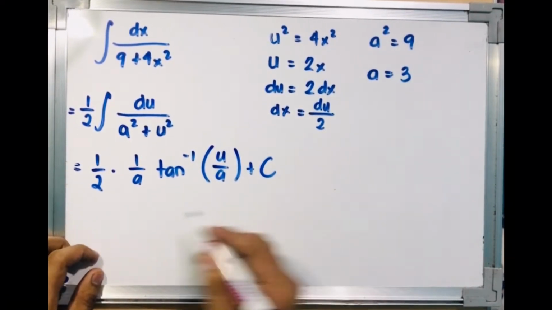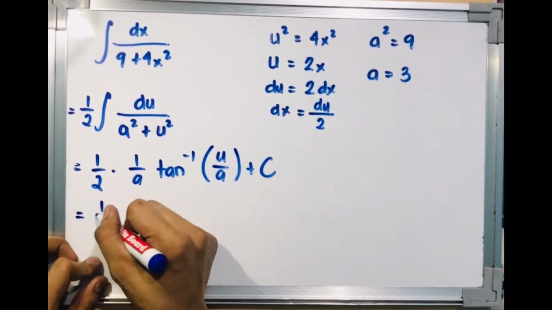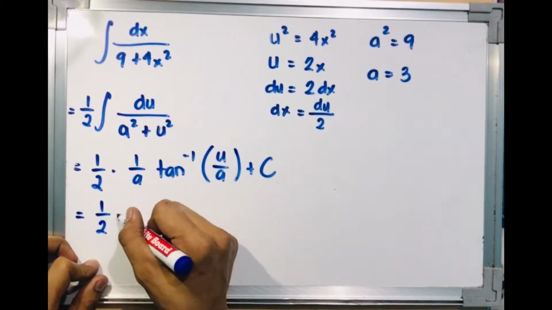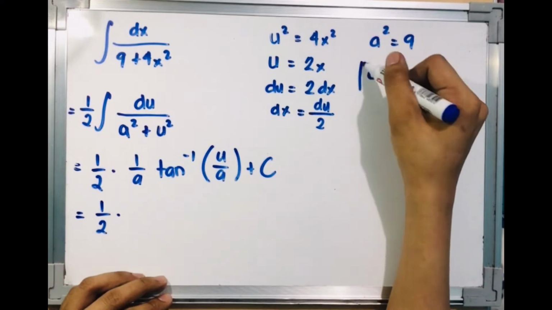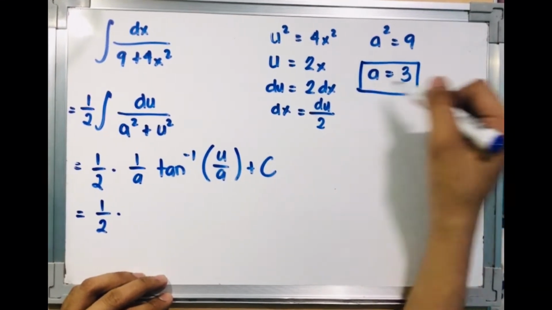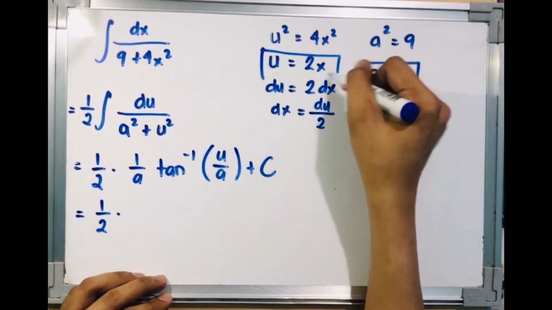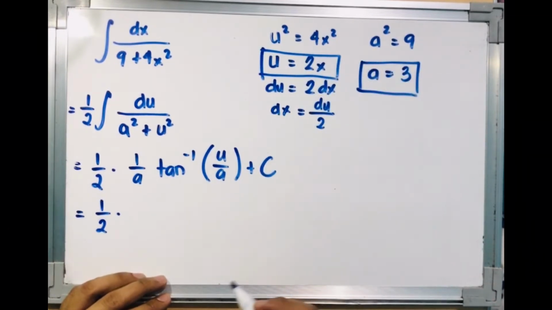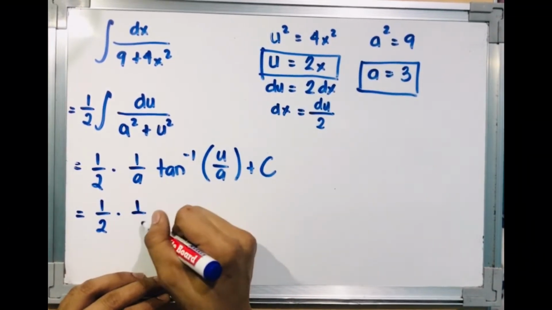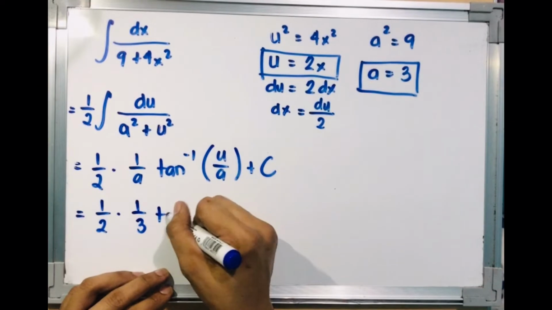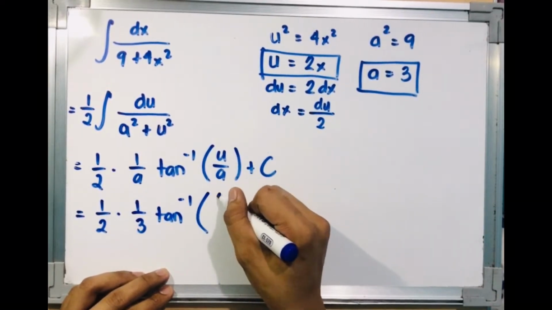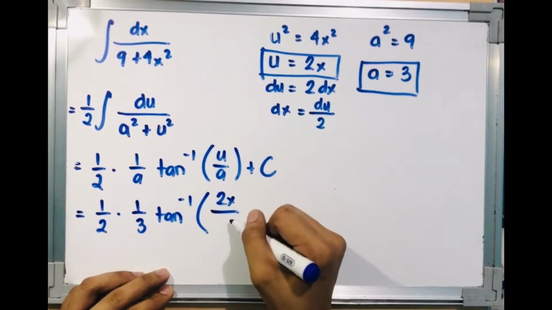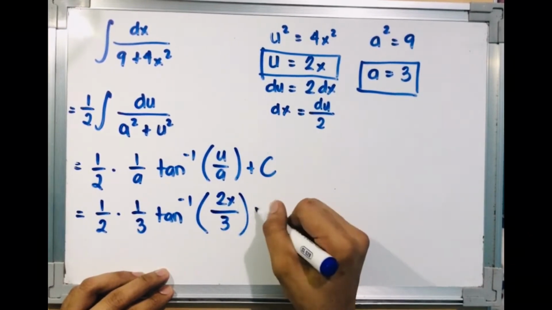Okay? So, kung isa-substitute natin yung values, I have our 1/2 multiplied by, what's our 1 over a? Our a is, i-box natin yung a tapos yung u. So, 1 over 3 tangent raised to the negative 1. What's our u? That's 2x. What's our a? That's 3 plus c.